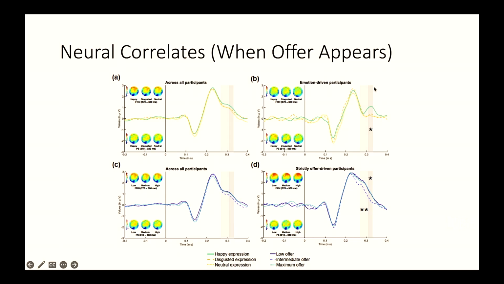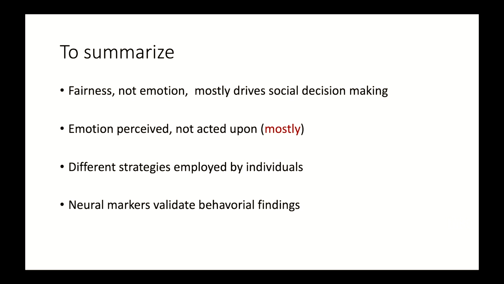So, essentially, to summarize whatever we have learned, fairness seems to be the guiding factor, not emotion. However, we are registering emotion, that is important to know. We are registering emotion but choosing to ignore it and giving more priority to fairness.